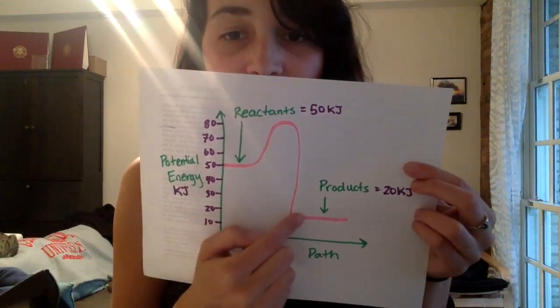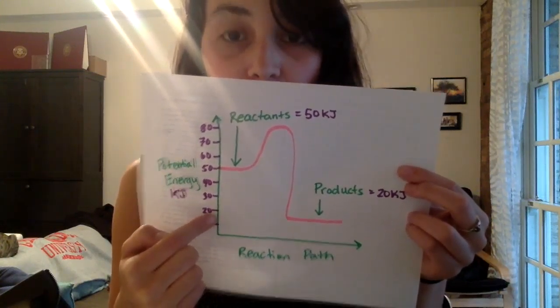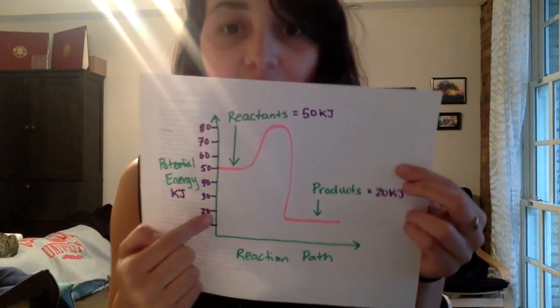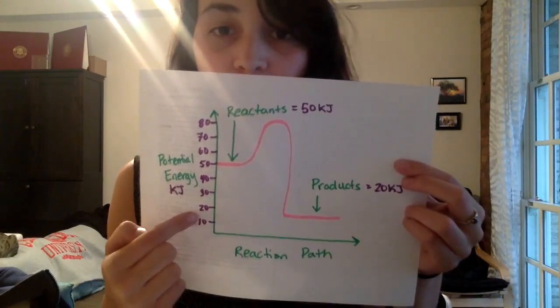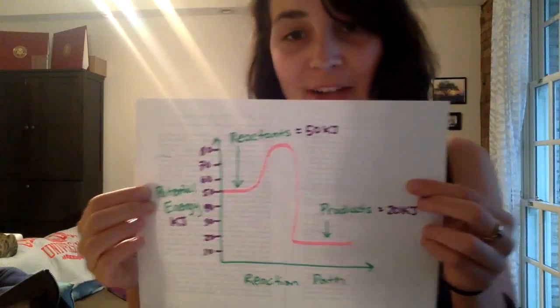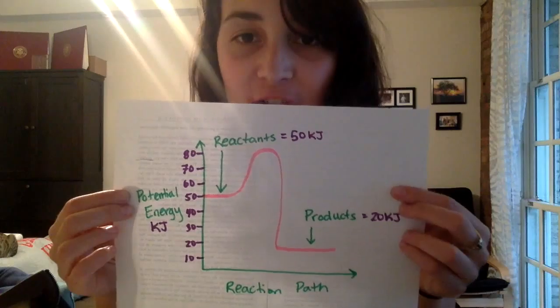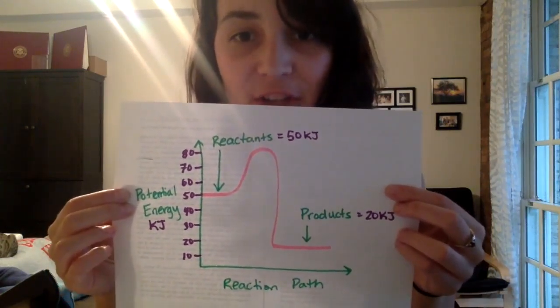My products end up right here, which if we trace it back is about 20 kilojoules. That means that the potential energy of my products is 20 kilojoules. So over time, as I've moved along my reaction path, I've actually gone down in my potential energy, or potential energy has been lost from this reaction.